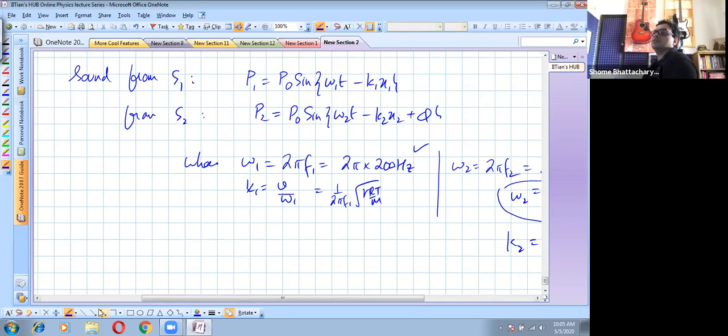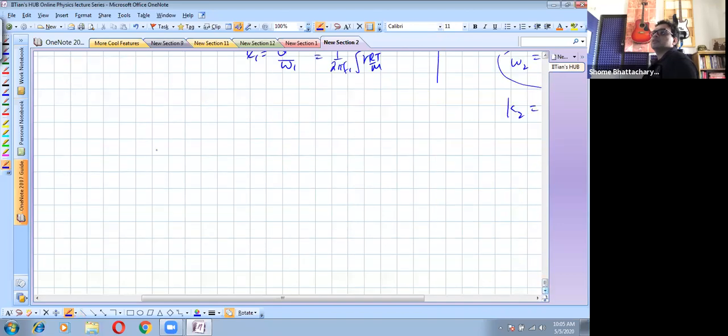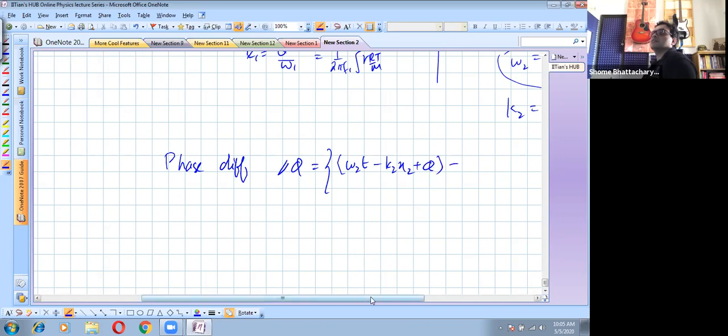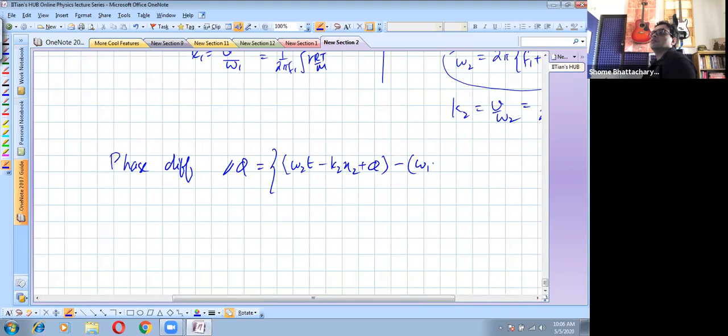the difference between the argument of sine in the first equation minus the argument of sine in the second equation. So at any point of time, the phase difference delta phi is actually the whole of the second argument, that is omega 2 t minus k2x2 plus phi, minus the first one's argument, that is omega 1 t minus k1x1.